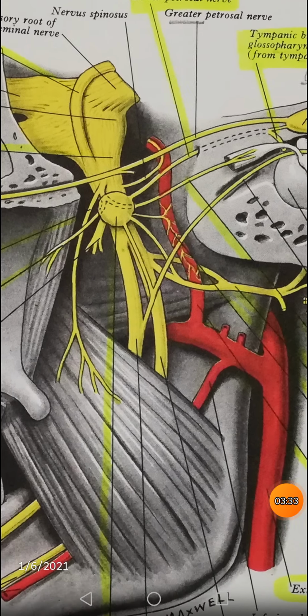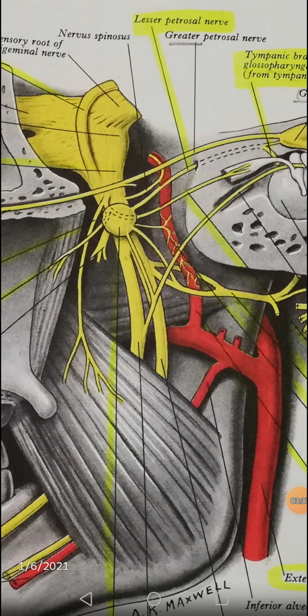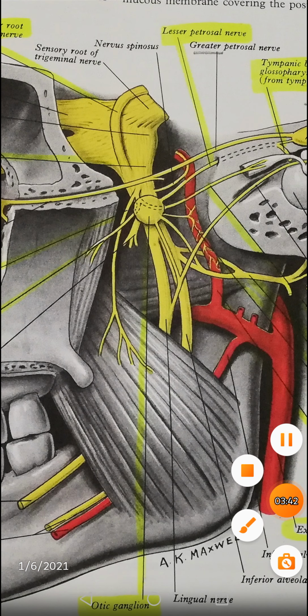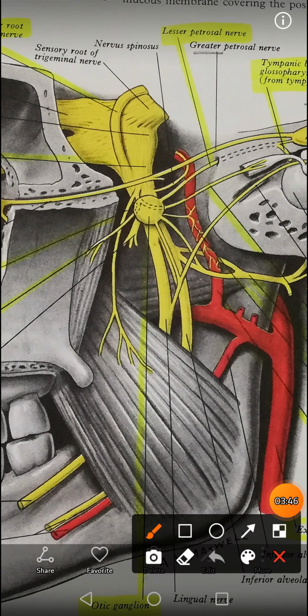Now concentrate on the sensory root of this otic ganglion. In the above picture, you can see this nerve, a division of the trigeminal nerve, and from here you can see a branch on the side.